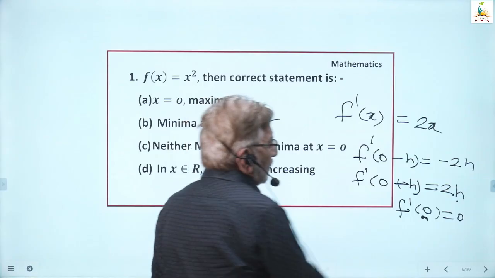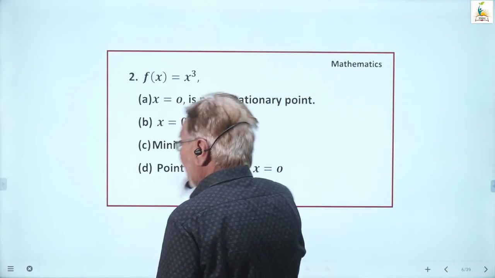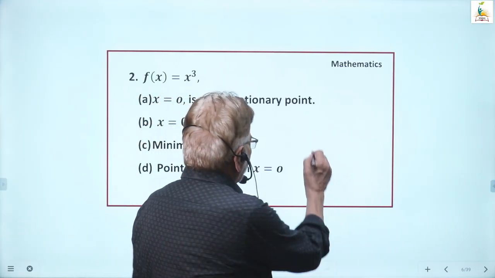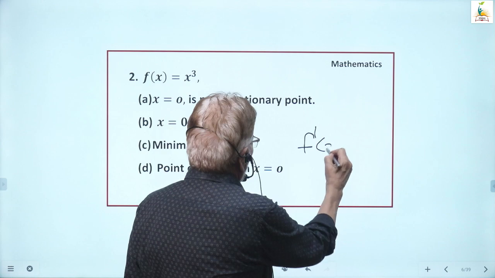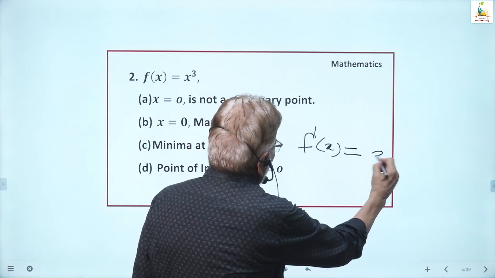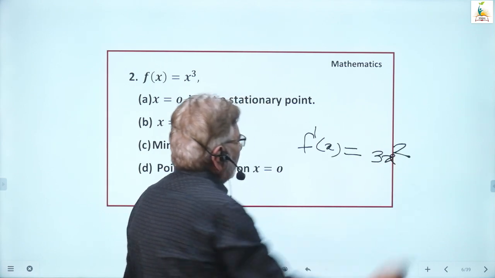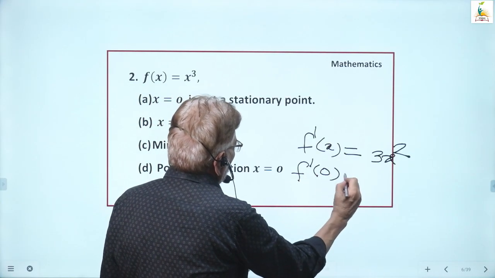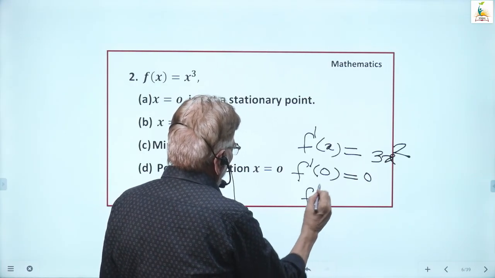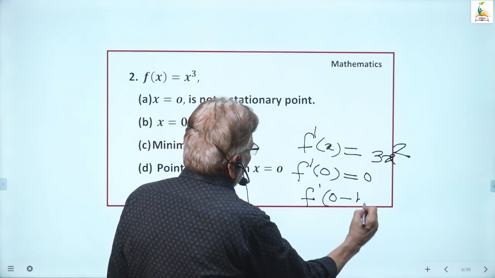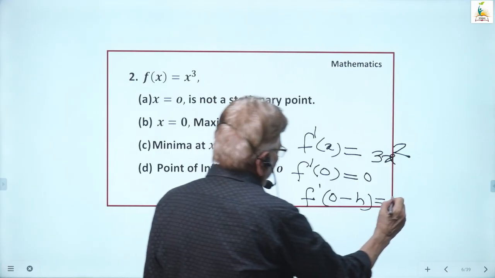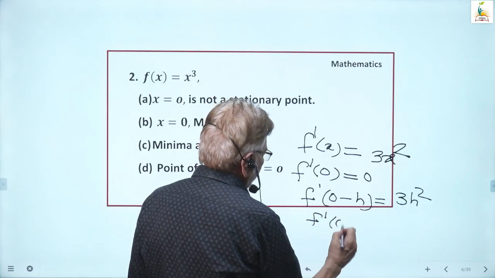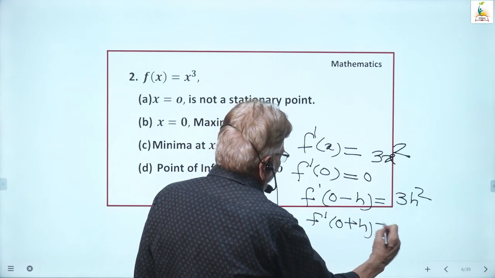Next is f(x) equal to x cube. Differentiate it. f dash x is 3x square. f dash 0 is 0. f dash 0 minus h is 3h square. f dash 0 plus h is 3h square.